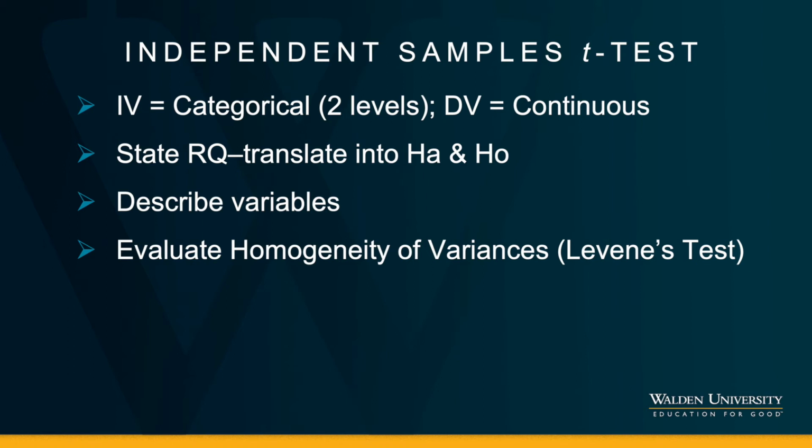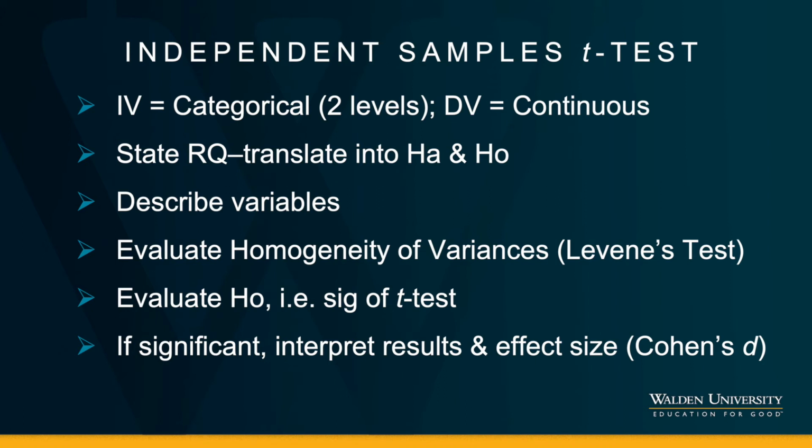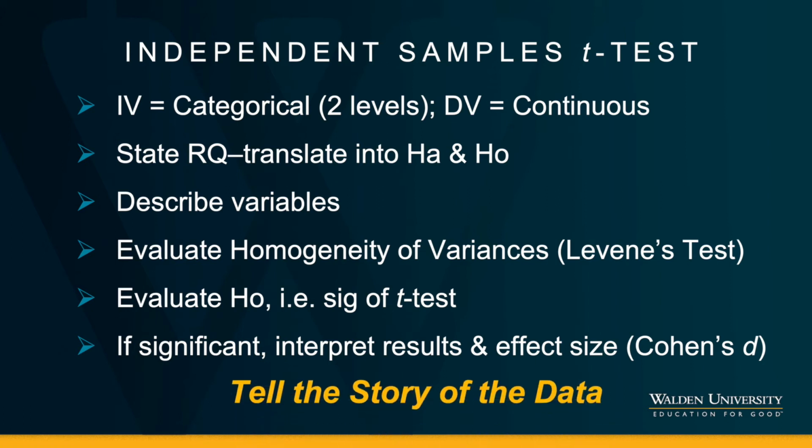And we're testing that actually in the greater population, and I will talk about that a bit more in a moment. And we will evaluate our null hypothesis as always with the help of the sig, that p-value that SPSS produces for us. And of course, if we find significance, then we will interpret the results and the effect size, the Cohen's d, and we will tell the story of the data, including the social change aspect.